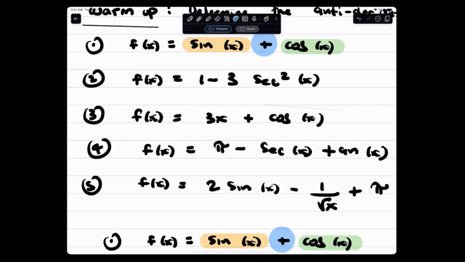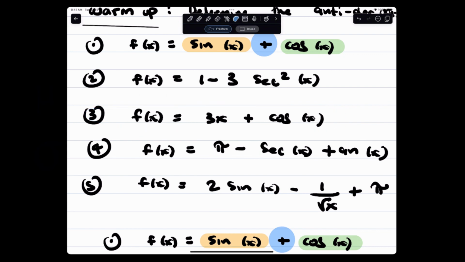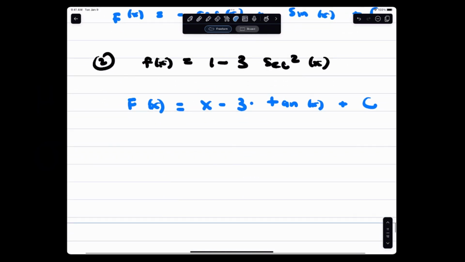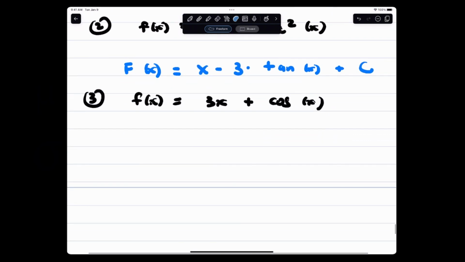Let's go through number 3. Very similarly, we need the antiderivative of x.